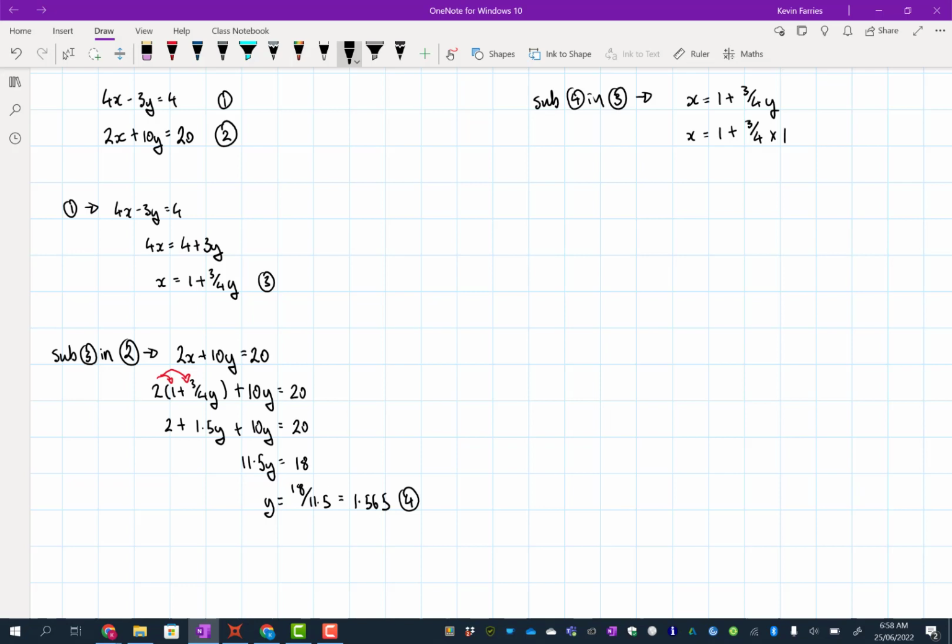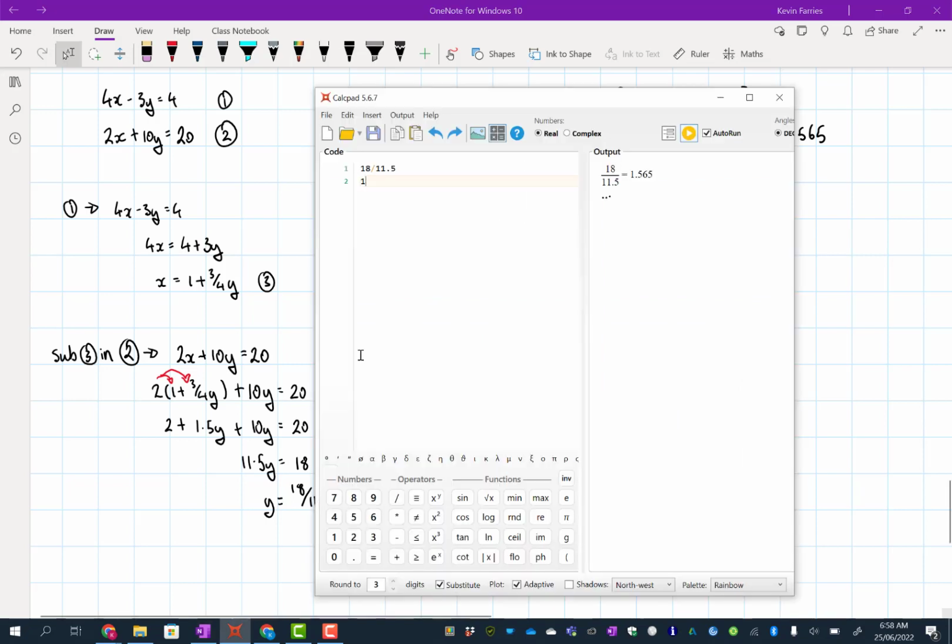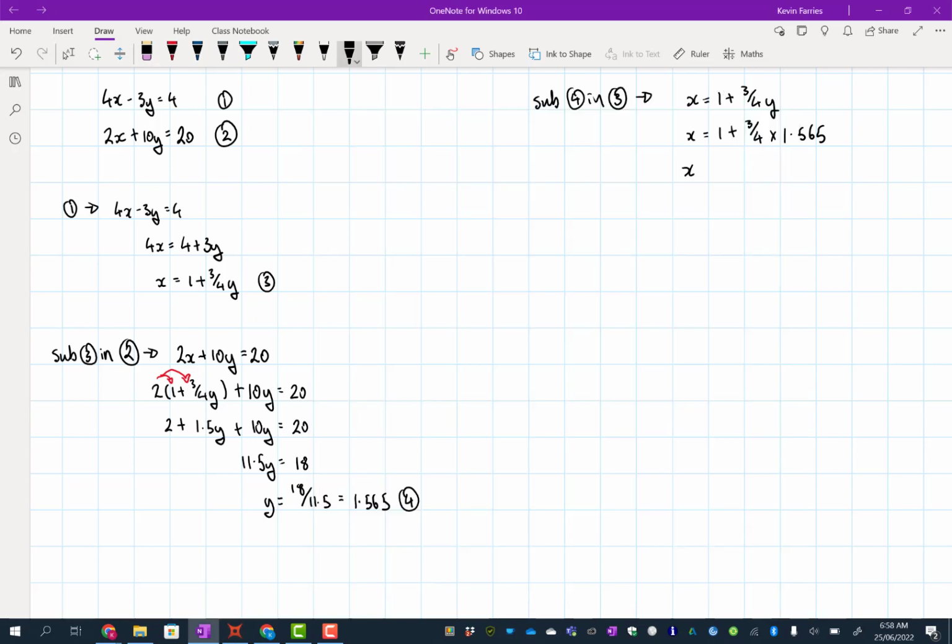So it's 3/4 times 1.565. Figure that out: 2.174. Again, we're still in maths land, so no units. And so we've now got our answers.